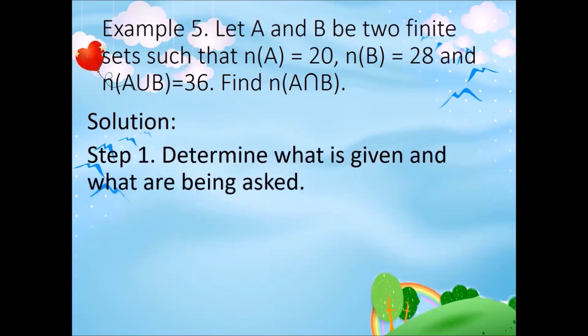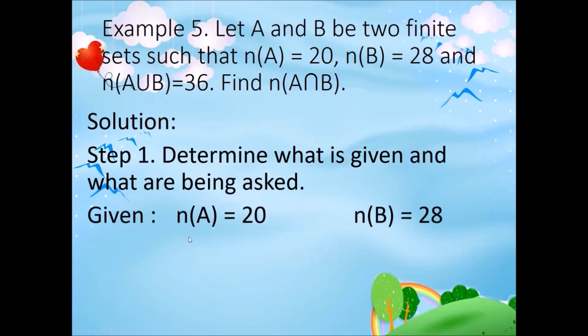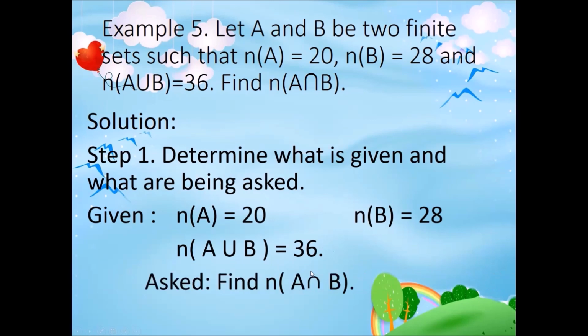So determine what is given and what is being asked. Given n of set A is equal to 20, n of set B is equal to 28, and n of the union of set A and set B is equal to 36.